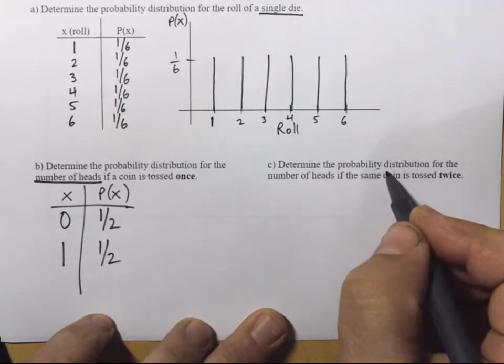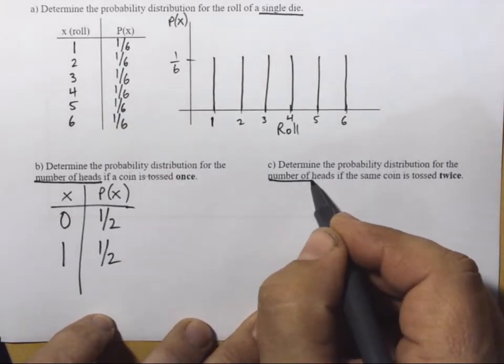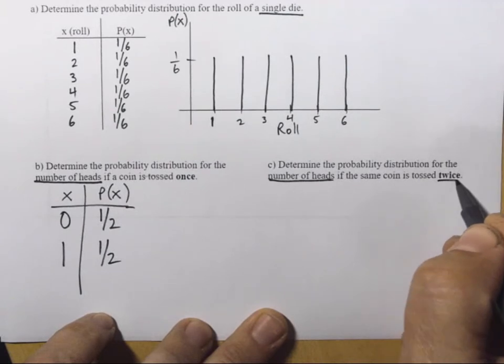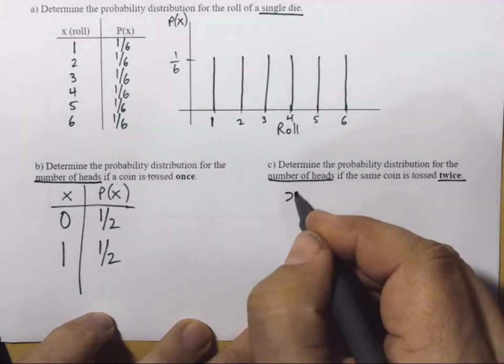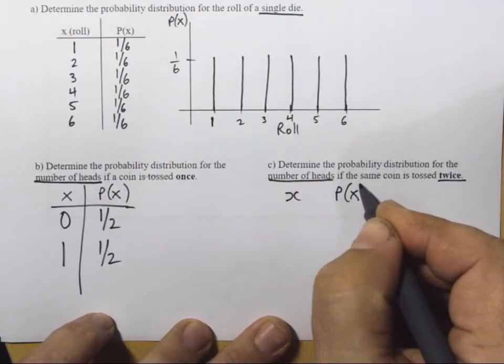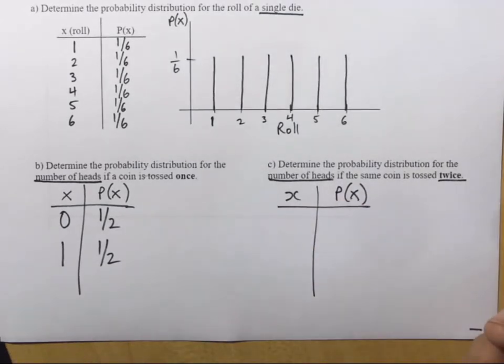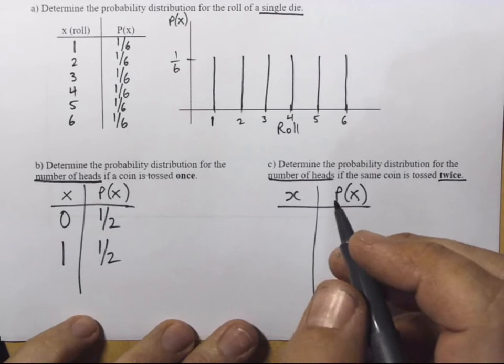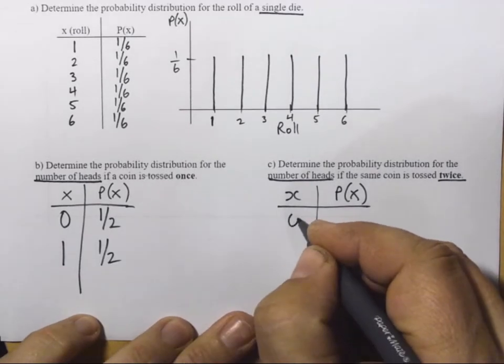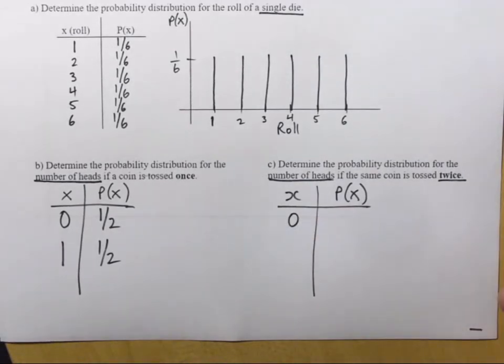And then we look at C. What's the distribution for the number of heads if the same coin is tossed twice? Now we have 2 tosses of a coin. If we toss the coin twice, we could get a total of 0 heads in 2 flips, meaning we flip tails twice.